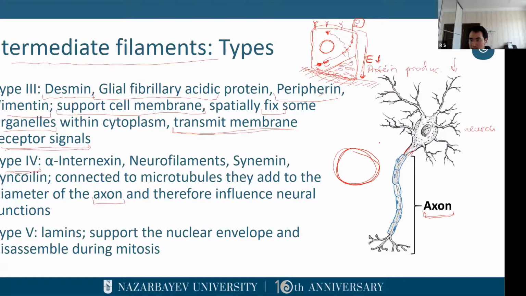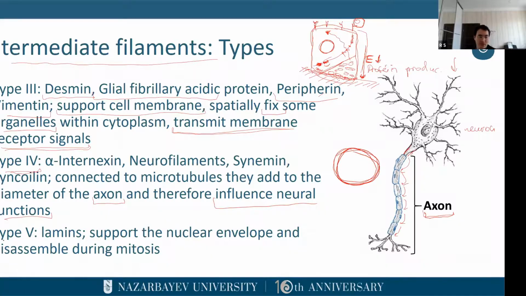It means that we can have a faster signal that goes through this axon. And if we have a faster and safer signal, the response is very related to the diameter. So, okay, it influences the neural functions.